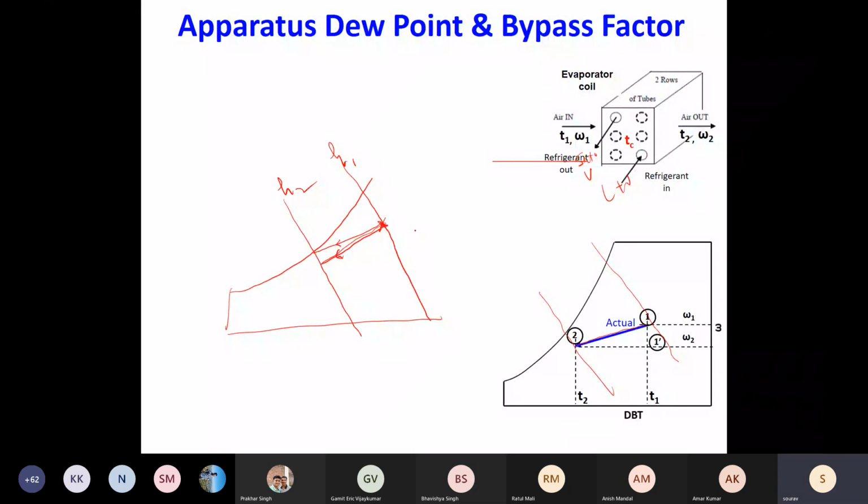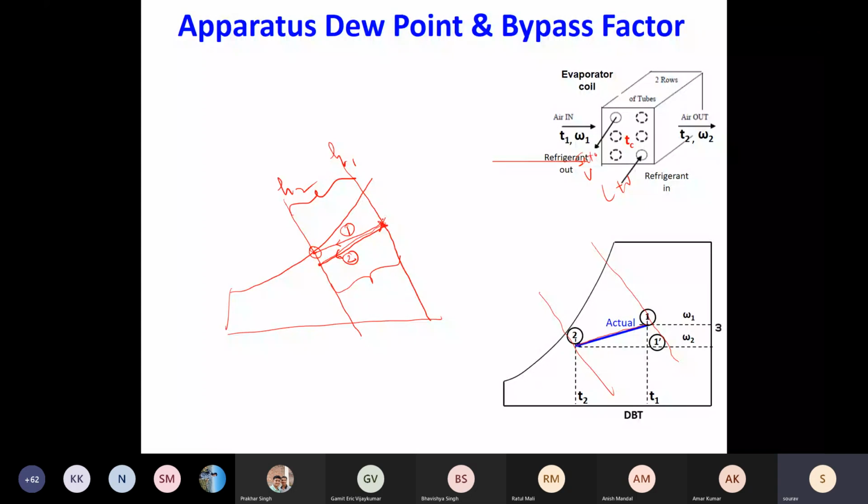Now, there is a drastic difference in the coil temperature for process 1 and process 2, even though the difference in the inlet and the exit enthalpies is the same. For process 1 you have H1 minus H2, and for process 2 this is also the difference. But the slopes are different.